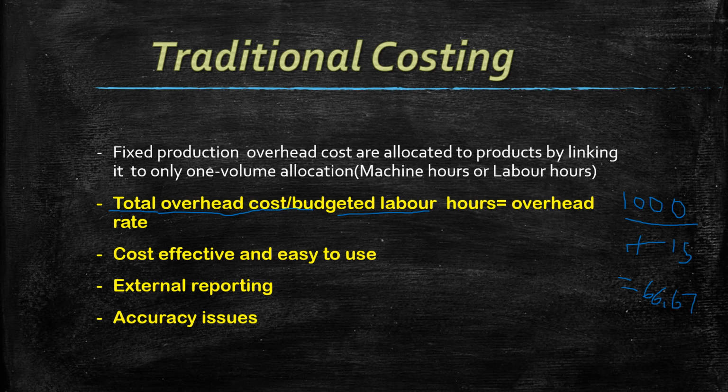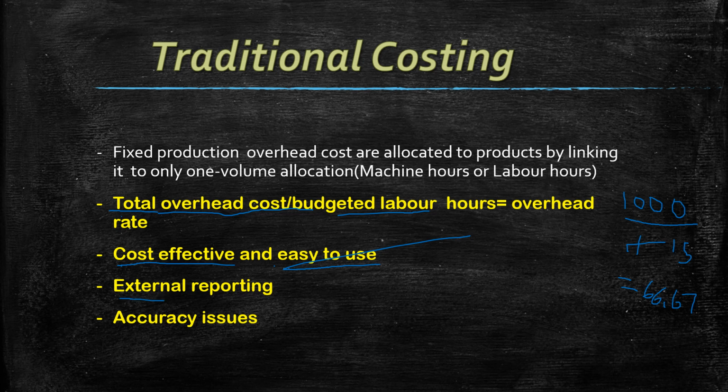Now, one of the advantages of a traditional costing system is that it is easy to use, easy to implement. It is not so complicated, as you can see by the nature of our calculation. And since it's easy to use, it is also a cost-effective system. It is not an expensive system to implement.